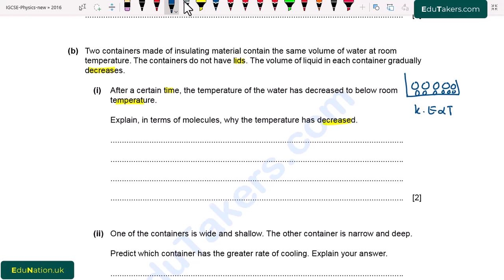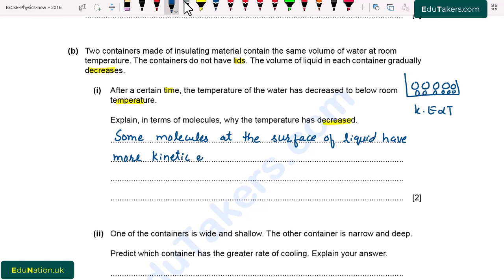So I write here: some molecules at the surface of the liquid have more kinetic energy. Therefore, they can escape the liquid.